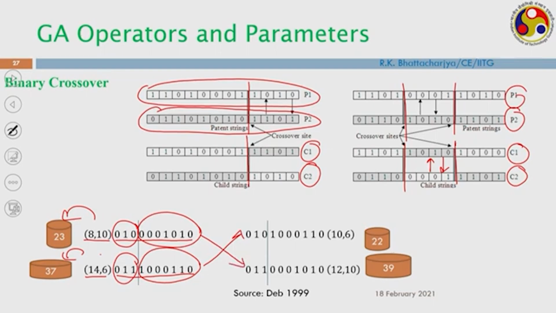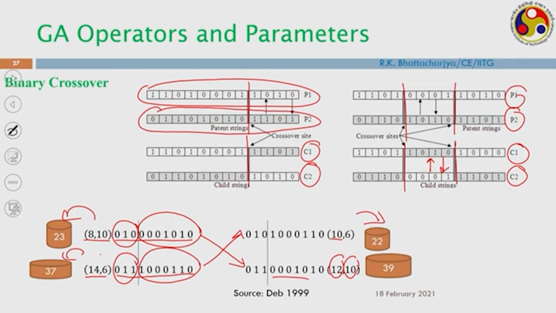So, you are getting two new solutions, and if you decode this one, you get 10 and 6, and the corresponding objective function value is 22, and for this solution, if you decode it, you get 12 and 10, and the corresponding value you are getting is 39.